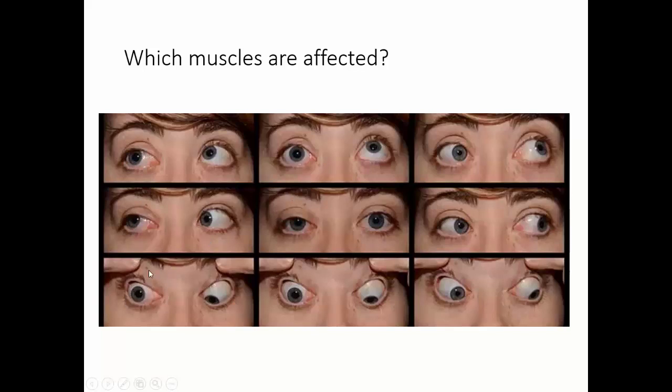Here somebody is holding the lid up in the down gaze positions because otherwise the ptosis will cover the eye movements. Here you can see the medial rectus is not so bad in this person, and in this particular patient you can see the superior oblique is probably not doing its work, right? So this could be a superior oblique palsy, as well as it could be due to the inferior rectus not working here, with a bit of little medial rectus restriction.